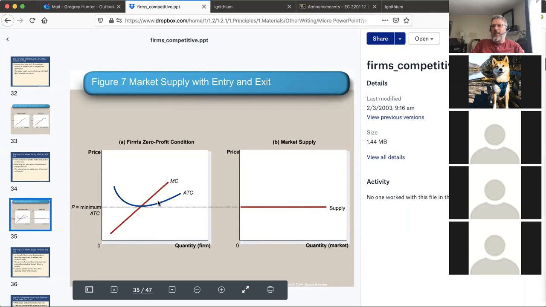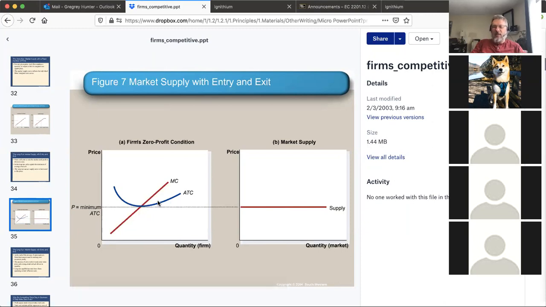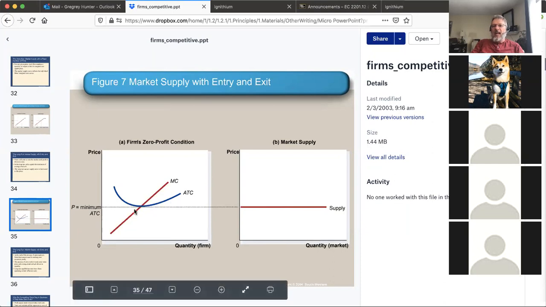That profit in the long run is a signal that it's a profitable industry, and other firms can come in and begin producing too. And in the long run, if there's a loss, the firms will exit. So what that tells you is that all firms in the long run will be stuck at a position where price is equal to the minimum of average total cost.